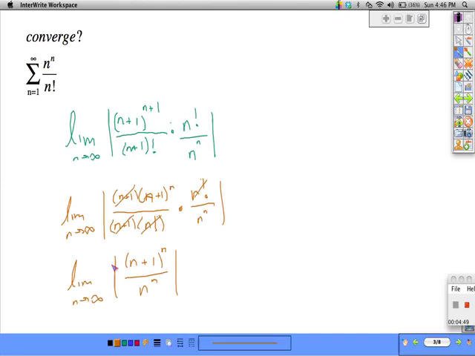And since n is always positive, I don't need the absolute values anymore. And this can actually be rewritten into a limit that we know.